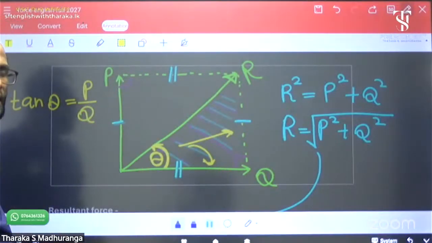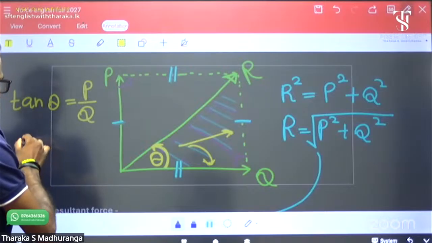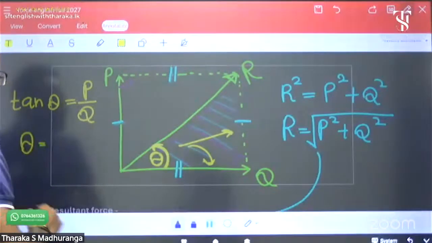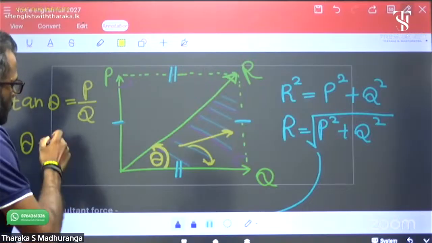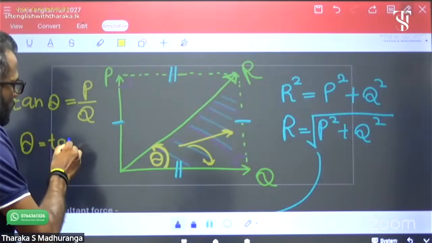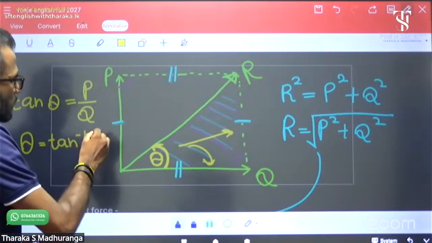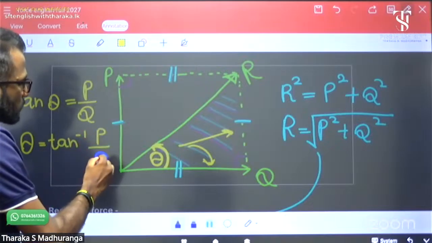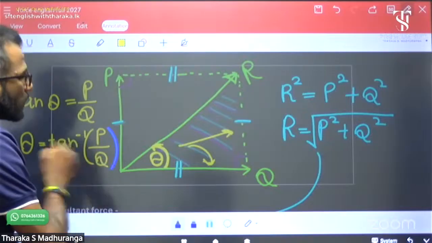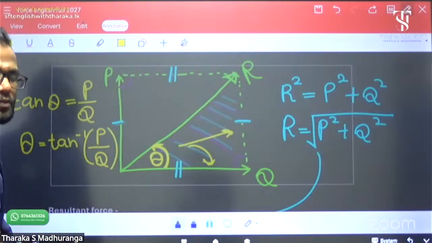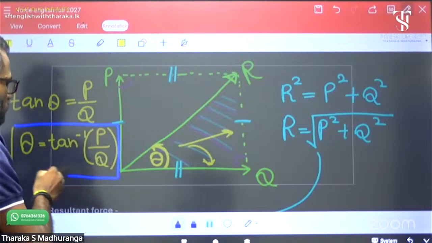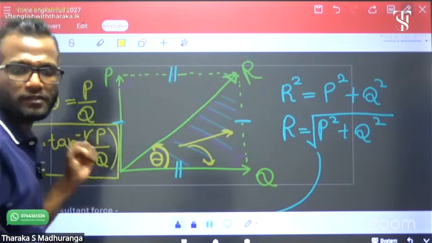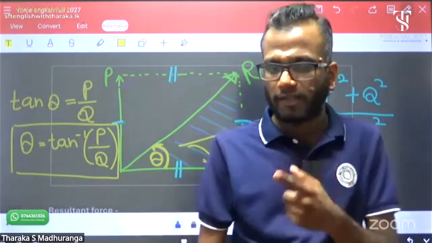Now you can get theta, my target is to calculate theta. Theta equals tan inverse, tan minus 1, P over Q. This is the direction of the resultant force. I will explain by an example.